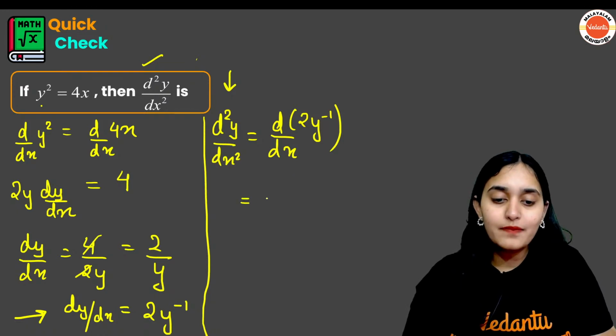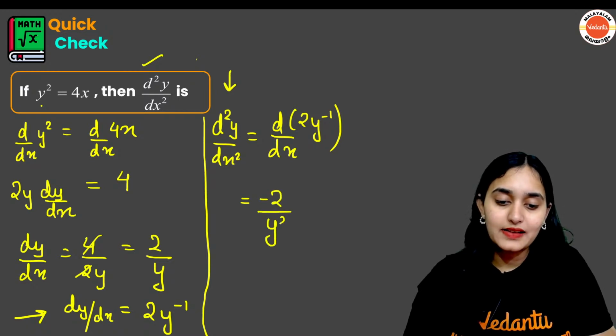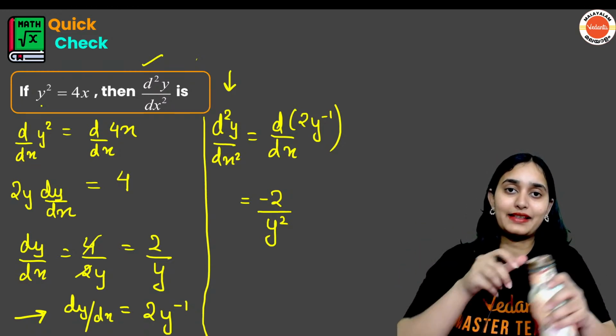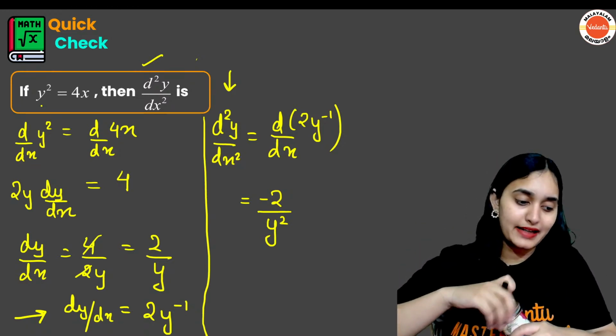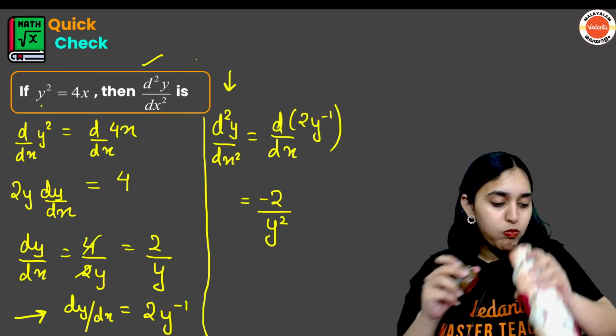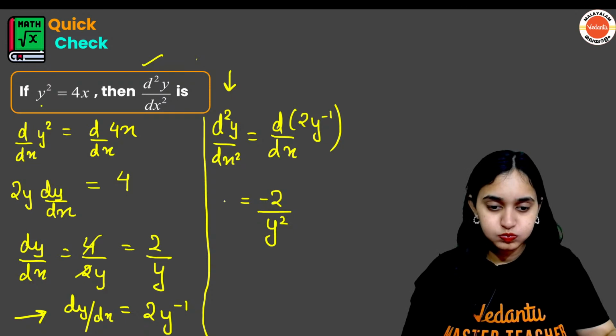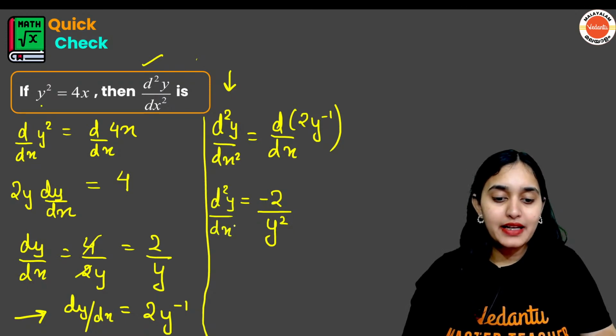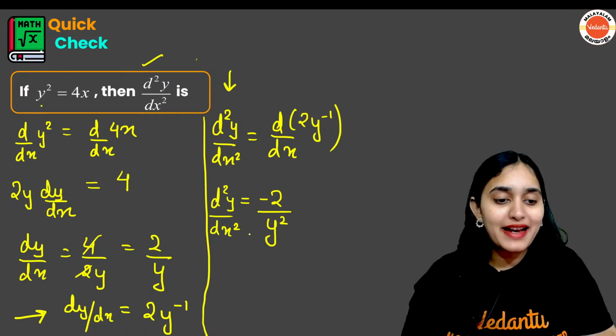It will be minus 2 upon y square. What is the differentiation of 1 by x? Minus 1 by x square, right? So d square y by dx square is minus 2 by y square.